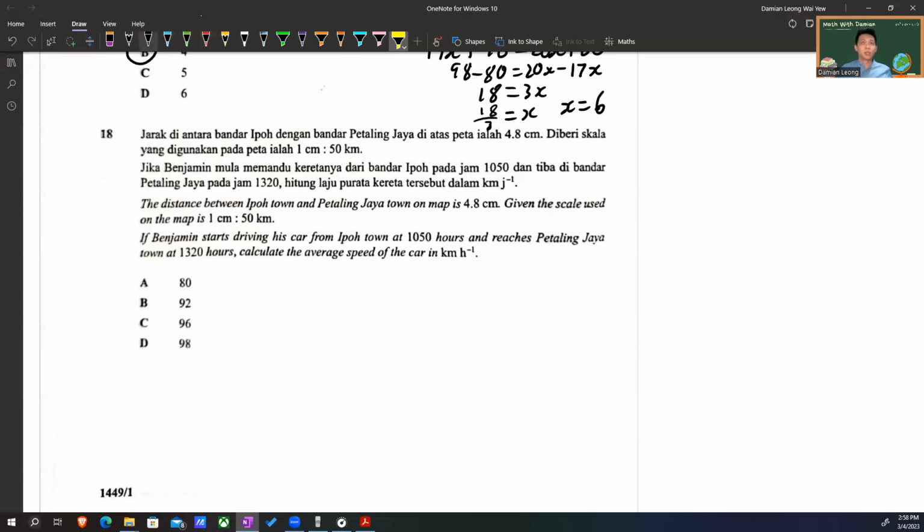So first, let's look at the actual distance. The drawing distance over the actual distance equals the scale, 1 cm to 50 km.